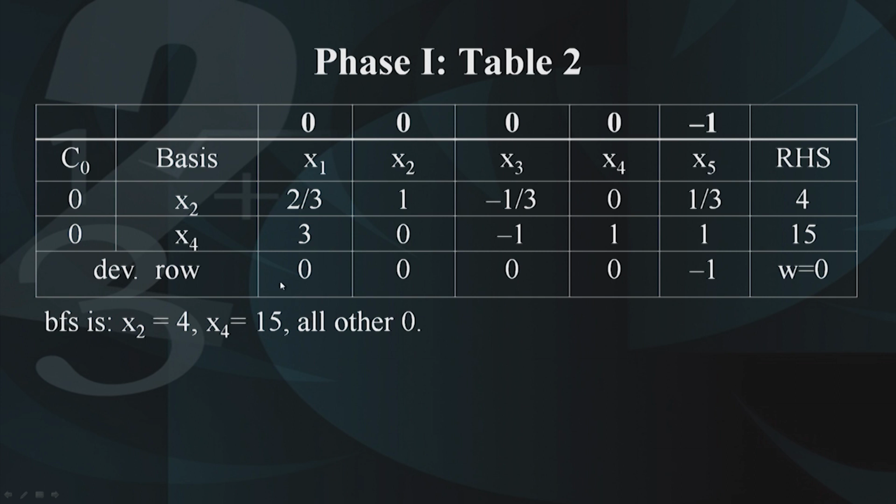Then we have to take a decision as to whether the stopping condition has been satisfied or not. We calculate the deviation entries and we find this turns out to be 0, 0, 0, 0 and minus 1.